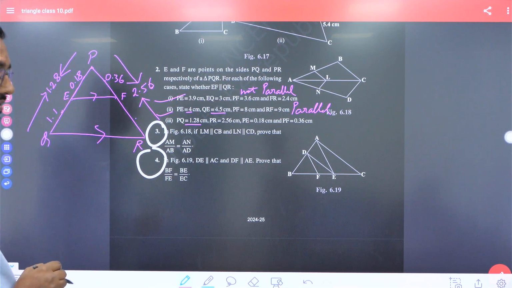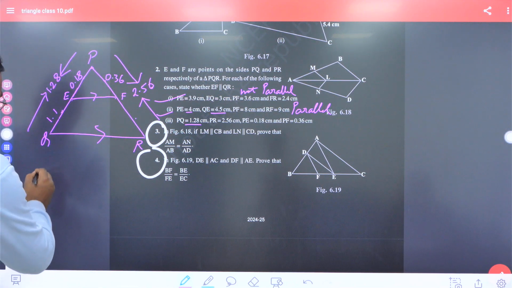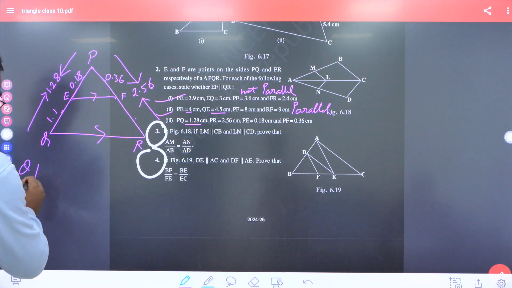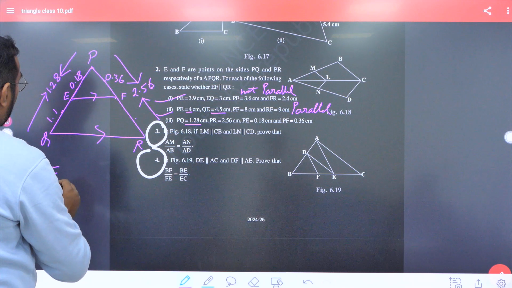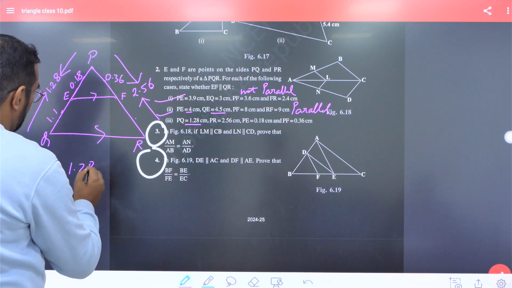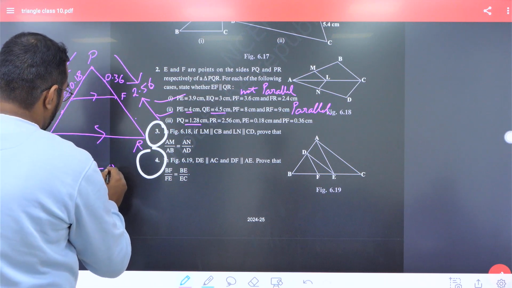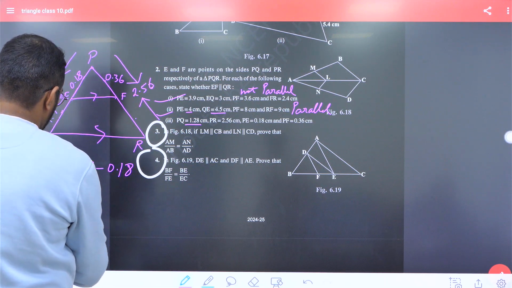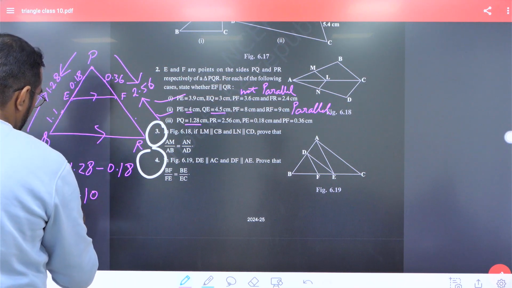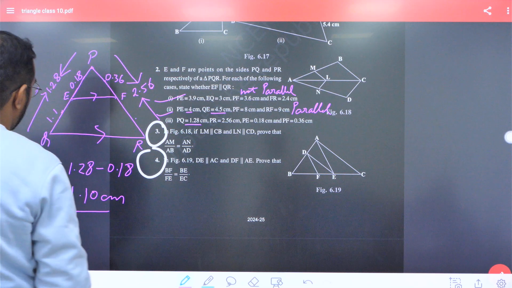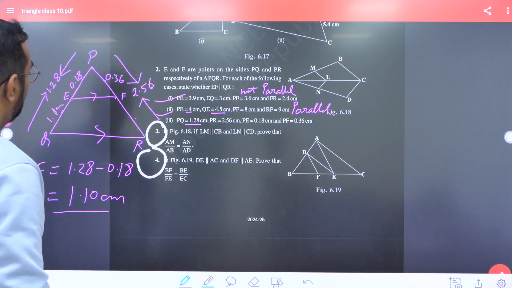QE is equal to 1.28 minus 0.18. That will be equal to 1.1 centimeter.